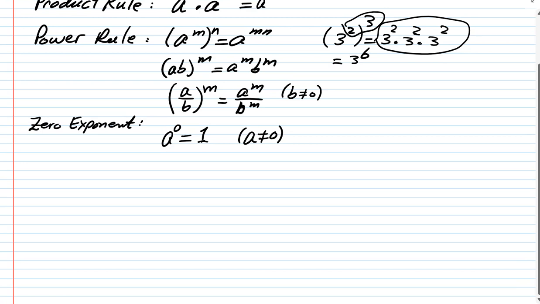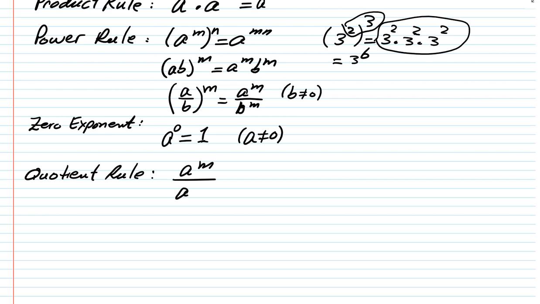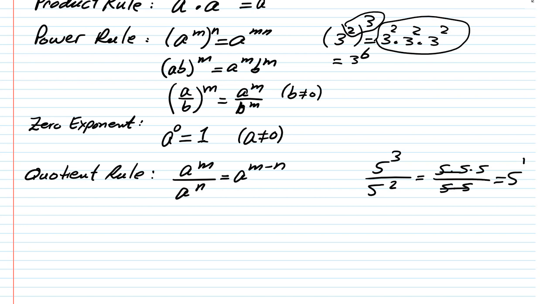Let me mention, I did say quotient rule. Let me write it before I forget it. Our quotient rule says if we have a to the m over a to the n, we can write this as a to the m minus n. For instance, suppose I have 5 cubed over 5 squared. If I expand them, the answer is 5 to the first power.